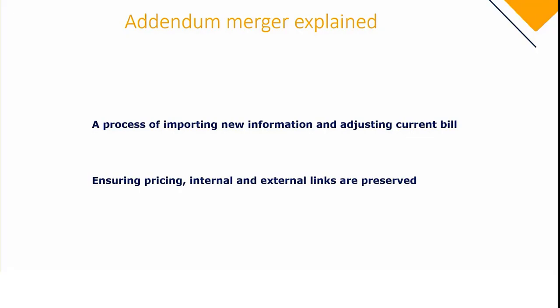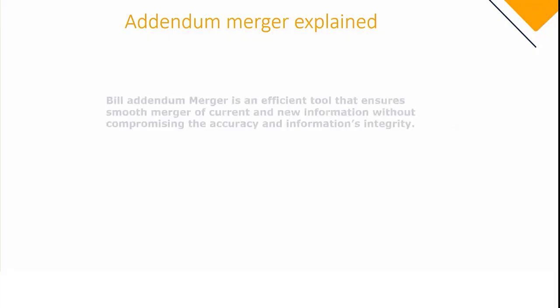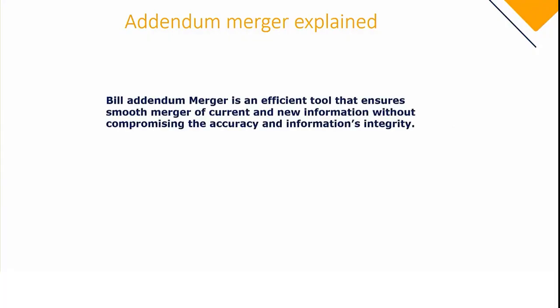This helps in retaining the integrity of all the work that had been done and also ensuring that time isn't wasted and that all the new changes are easily and well attended to. So, in a nutshell, we can say that the Bill Addendum Merger is the efficient tool used to ensure that current information is easily merged with the new information without risking or compromising the accuracy and information's integrity.